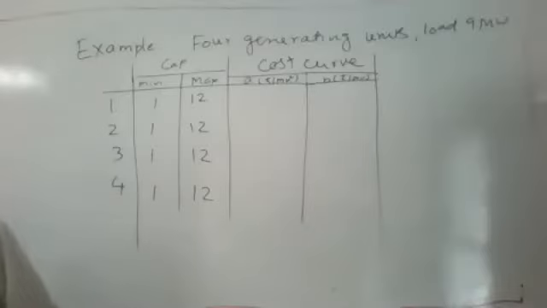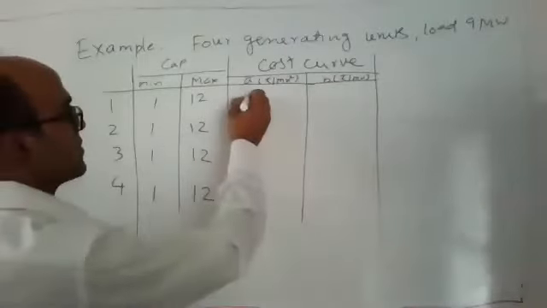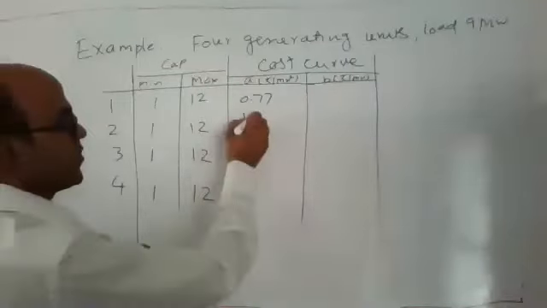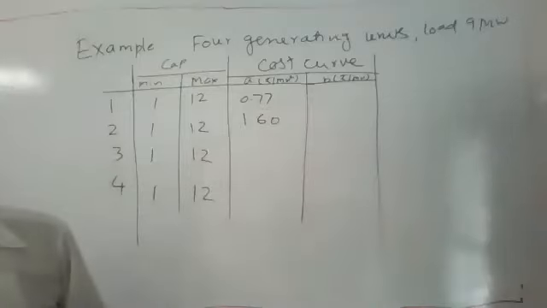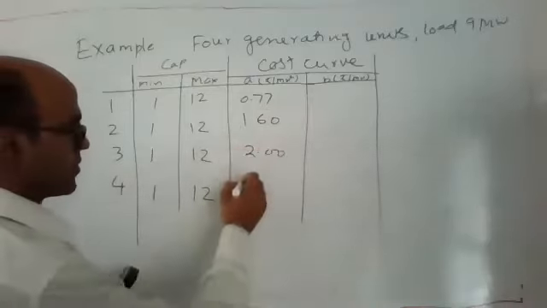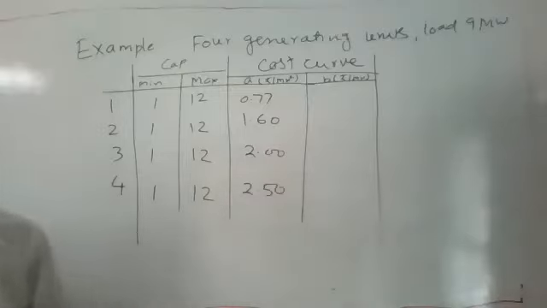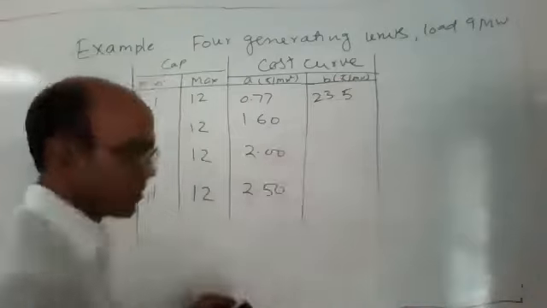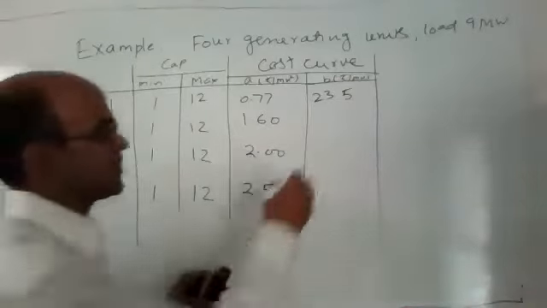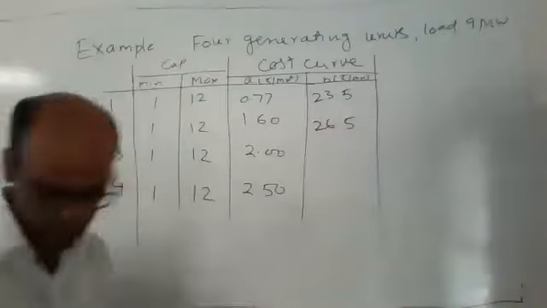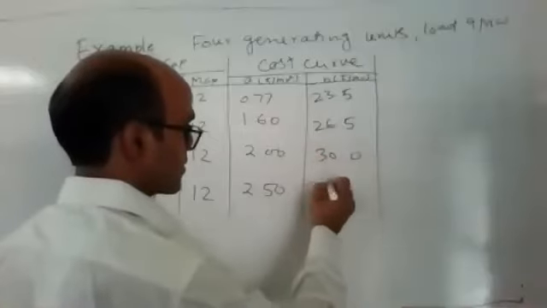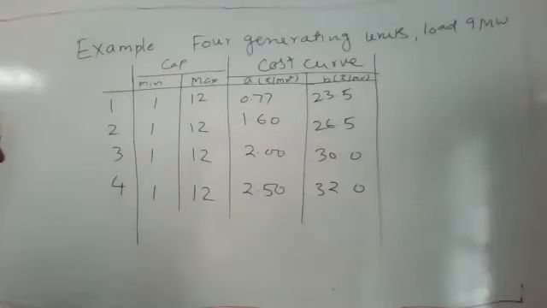And these constants are given: the values of constant A are 0.77, 1.60, 2.0, and 2.50, and constant B is given as 23.5, 26.5, and 32.0 for the next units. So this is the given data.